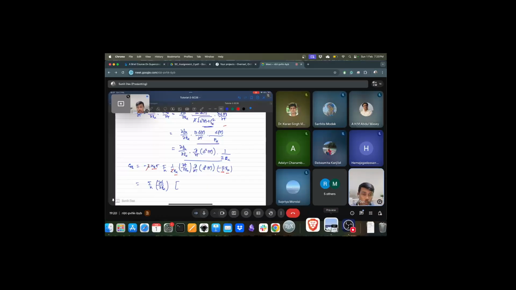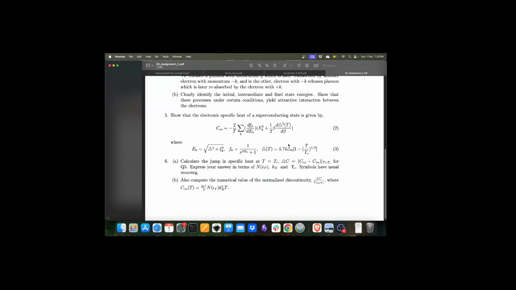So what I needed to prove is the following. So minus 2 by t sum of k Ek square beta by 2. Okay.